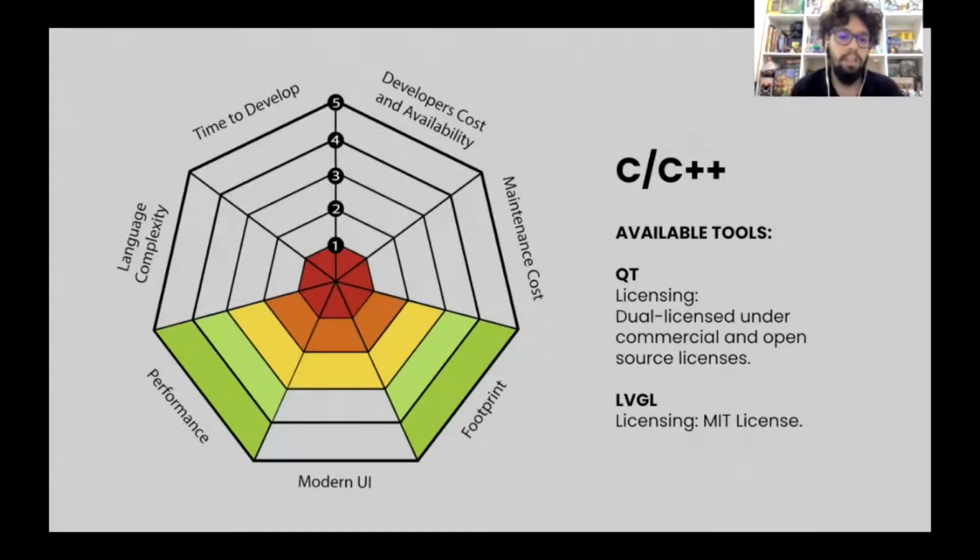As you can see, we have a really low rating for language complexity, time to develop, developers' cost and availability, and maintenance costs. Because C++ is a language that requires more effort, more time to develop.